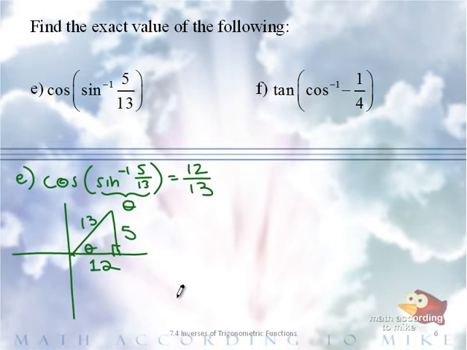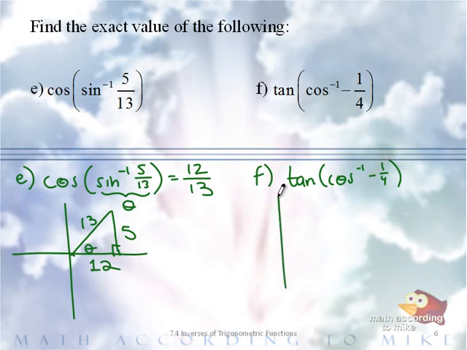The inside function is cosine inverse. Cosine inverse returns in what quadrants? Quadrants 1 and 2. Since the number in question, negative 1/4, is negative, what quadrant do we draw our picture in? 2.